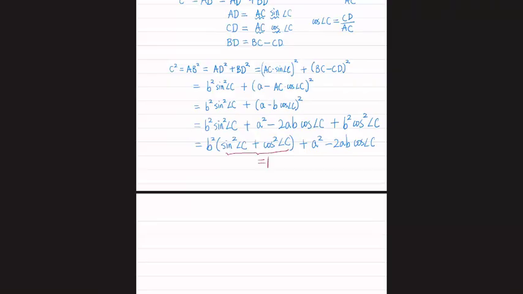Okay, so what we have obtained is C squared, I will copy a square first, B square times 1, just b square, and the last term. Okay.